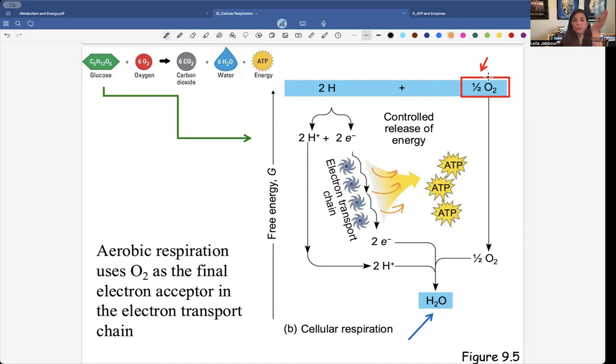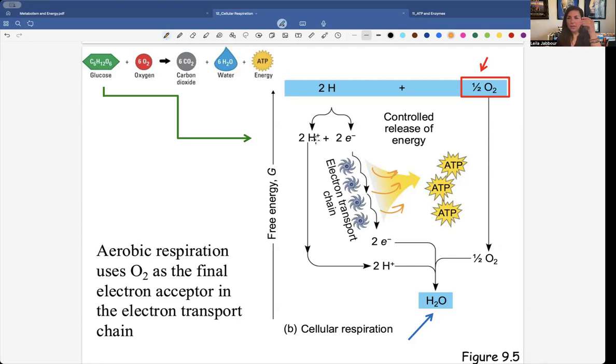So as I told you, oxygen is going to be needed. It's an aerobic chemical reaction. Oxygen will be needed because oxygen is the last electron acceptor. So there's a chain of events happening, one molecule giving off the electron to another molecule, and so on. But the last molecule, what is it going to give its electrons to? It actually gives them to oxygen.